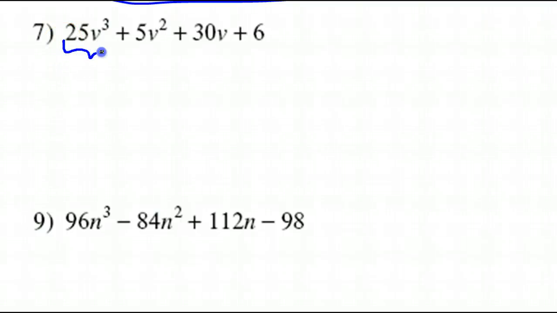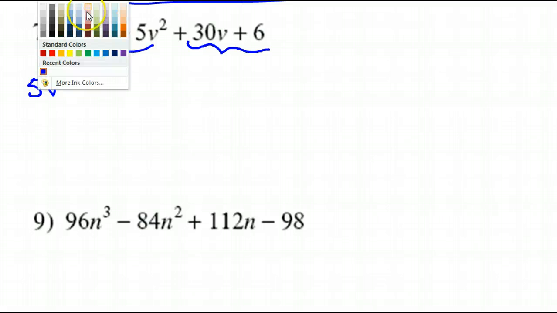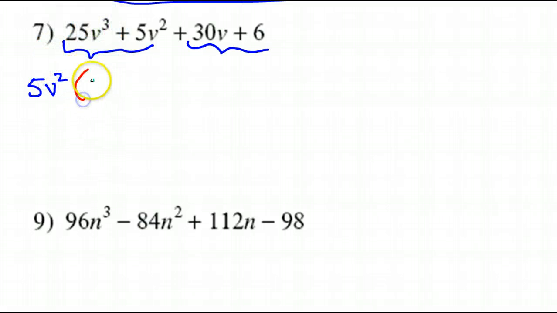For number 7, we'll pair these two and these two. The GCF here is 5v squared, and that's going to leave behind 5v plus 1.